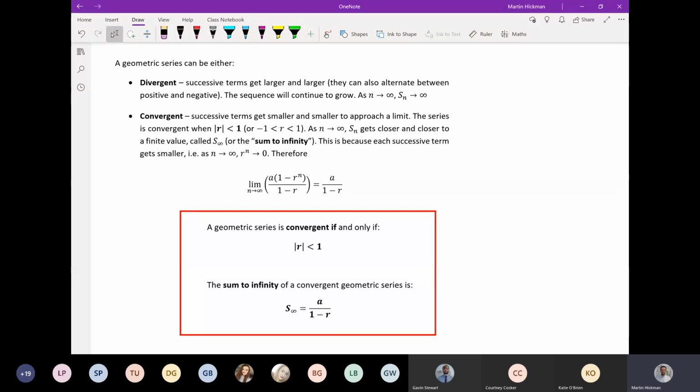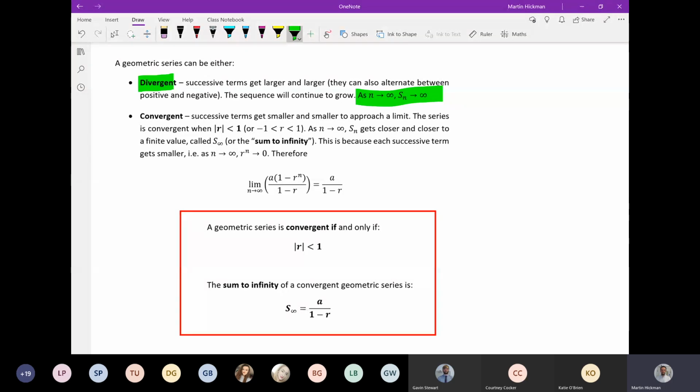It's never going to a specific number. So basically, if it's divergent, as n tends to infinity, as n gets to a really, really large number, the sum of the series also tends to a large number, as you can imagine.